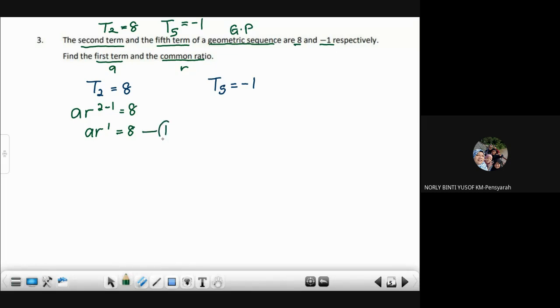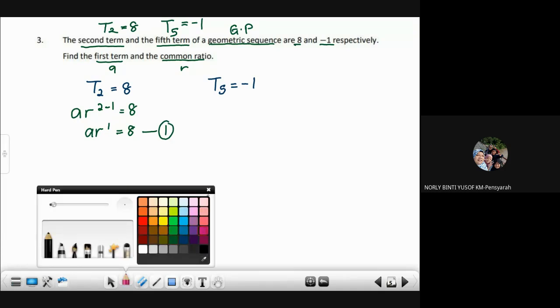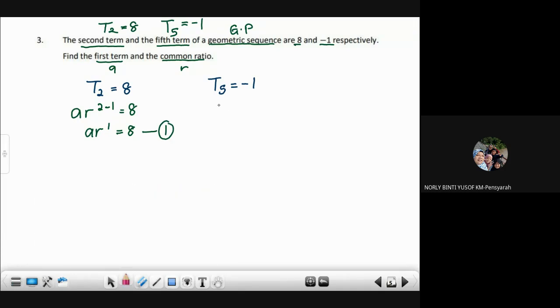So this is the first equation. Then T5, you put into the formula, n minus 1, so 5 minus 1, equals -1. Simplify, ar power of 4. So you obtain the second equation.